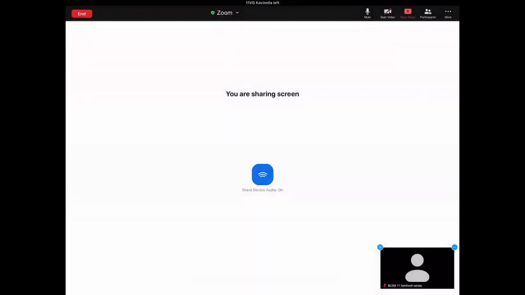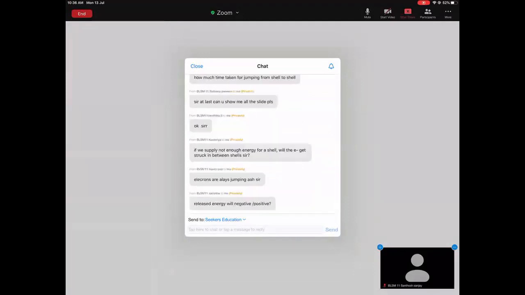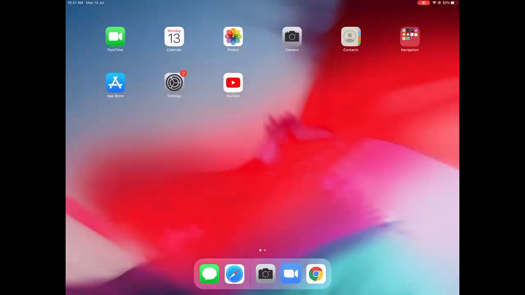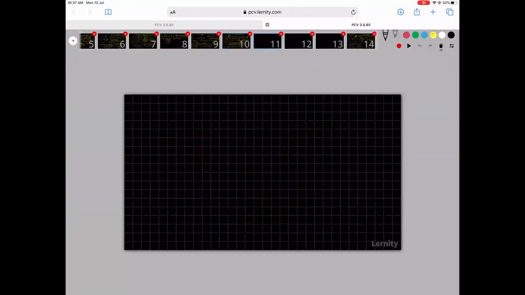If we supply not enough energy, then it won't get stuck in between, it won't interact. The very good points you are asking, those are all the points which Bohr has said. The minimum energy required for an electron in case of hydrogen is 10.2 electron volt.